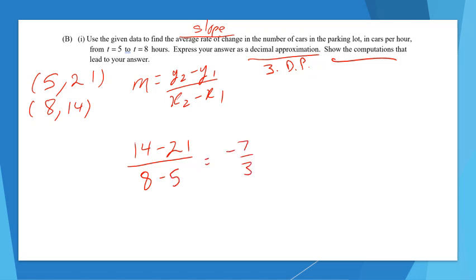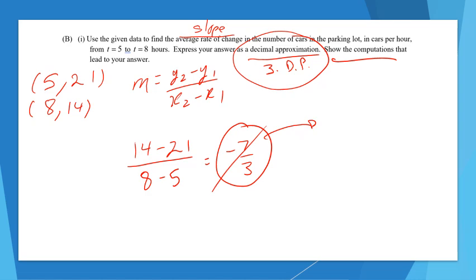Now, even though this is our answer, we remember that they asked for decimal approximations, so we do not want to just leave that as our answer. That would technically be marked as wrong. What you want to do is convert this into a decimal.